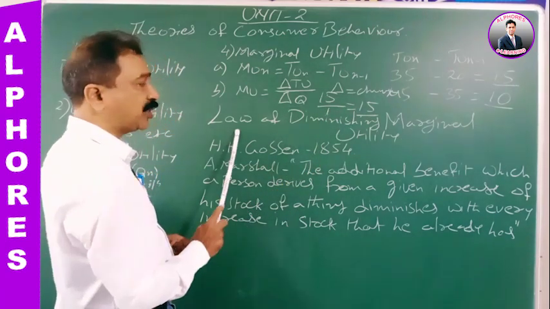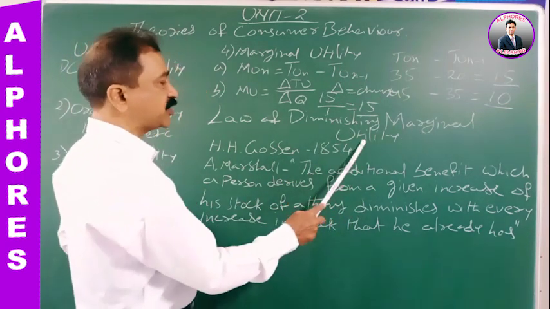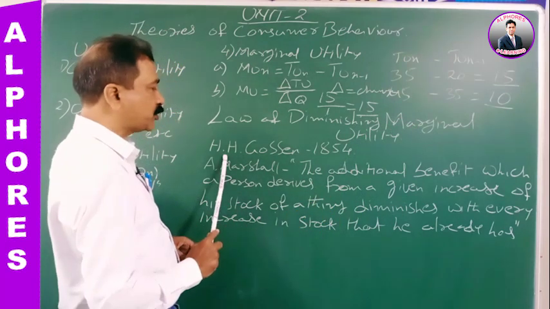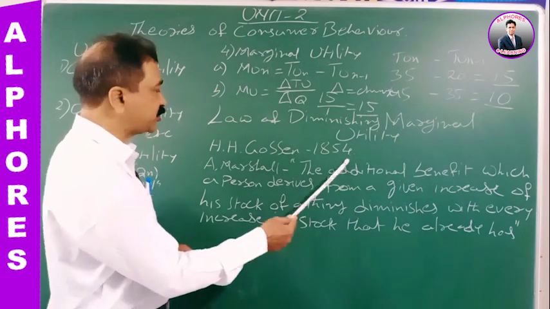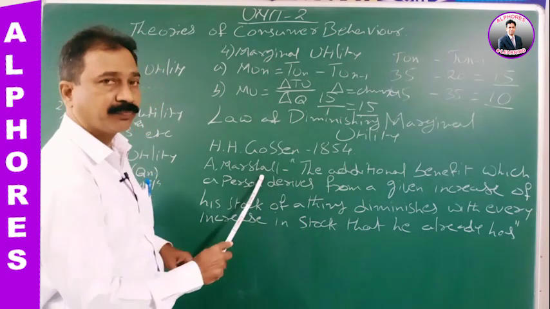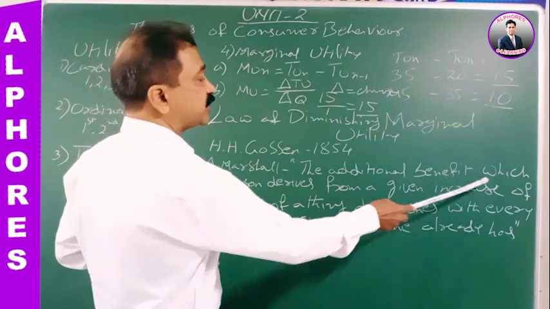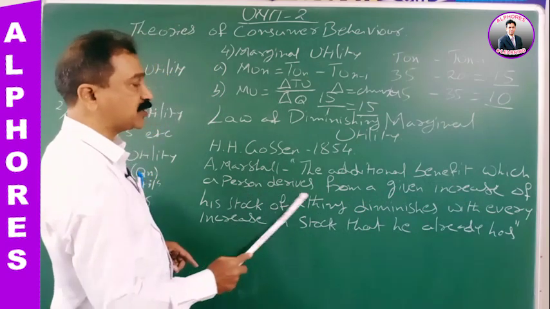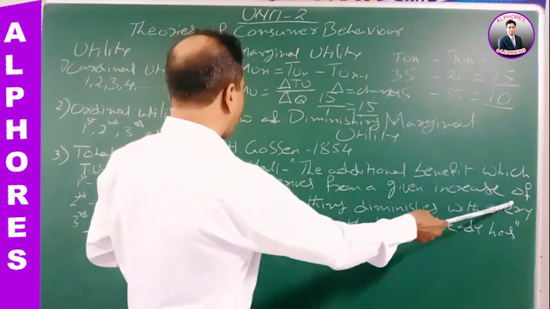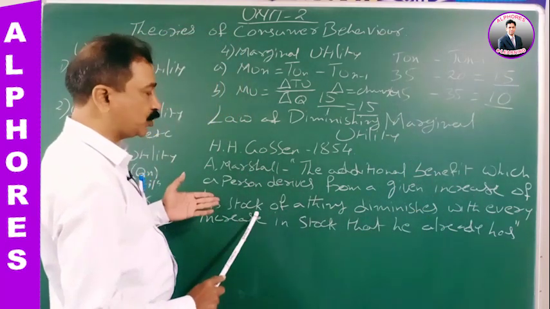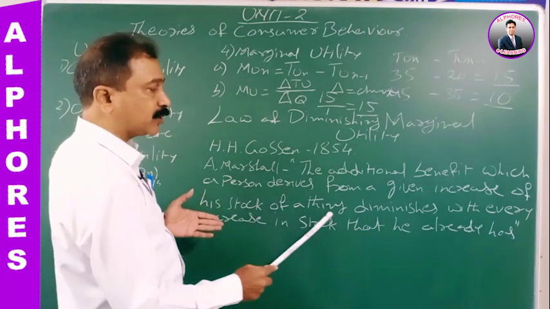We are entering into the law of diminishing marginal utility, decreasing additional satisfaction, which was proposed by H. H. Gossen in 1854, but developed and presented by Alfred Marshall. According to him, the marginal satisfaction which a person gets from a given increase of his stock, mangoes, diminishes.